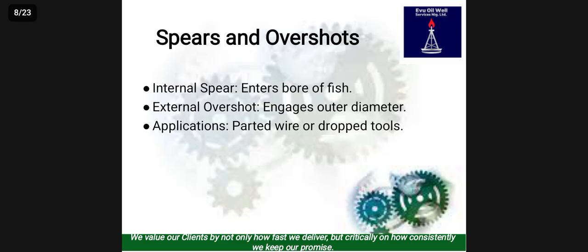For parted wires or dropped tools, think of it as either grabbing by the neck, which of course you use a spear for, or hugging the fish when you wear the overshot on the fish.